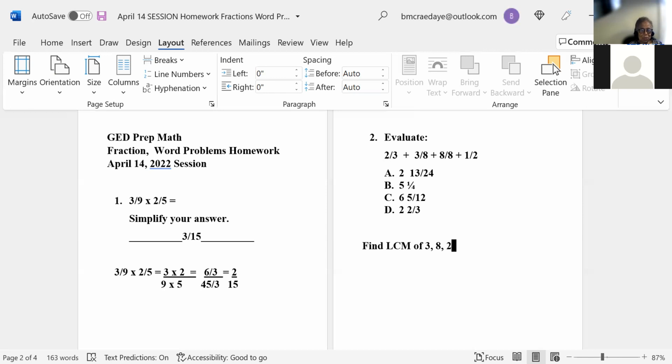Maybe you can do it without going through the long way of multiplying. Maybe you can look at them and tell. Can you tell what the least common multiple of 3, 8, and 2 is? In other words, the smallest number that 3, 8, and 2 all can divide into. What would you say?